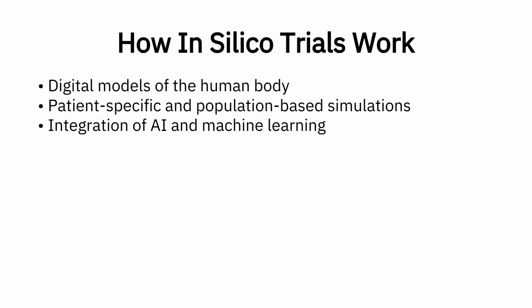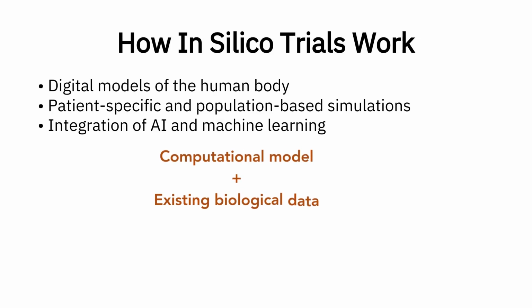At the core is something called a computational model, a highly detailed digital representation of a biological system. This could be a heart, a liver, or even the entire body. Using existing biological data, researchers can model how a drug interacts with specific organs or tissues.